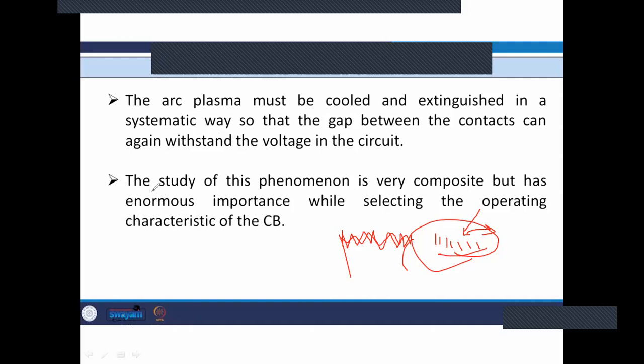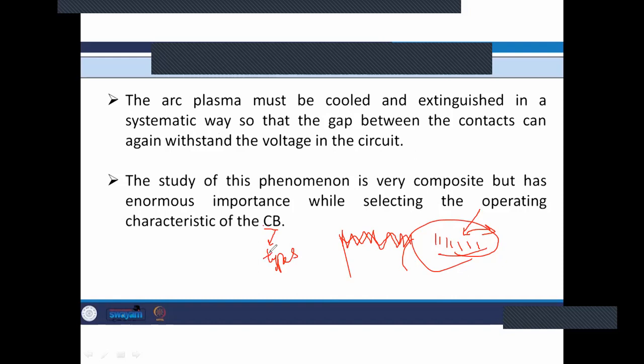The study of this phenomenon is very complex but has enormous importance while selecting the operating characteristics of a circuit breaker. The types of circuit breaker are categorized on the basis of the media used for arc pinching.